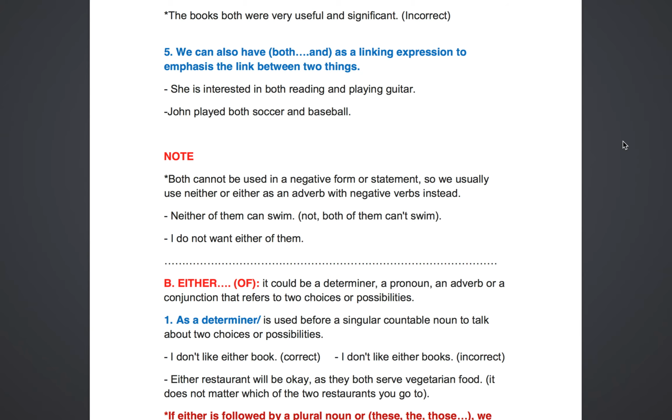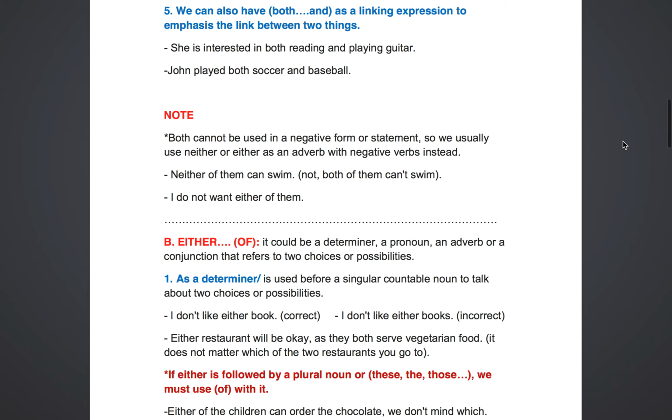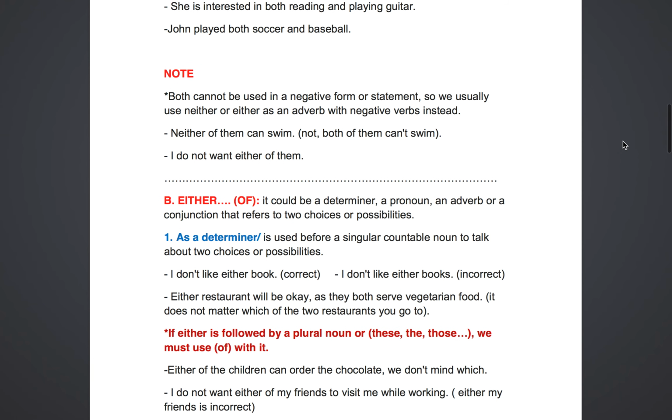So you cannot have the thing that she's interested in and the thing that she's not interested in. So they have to have the same structure. She's interested in both reading and playing guitar. These two with both refer to the things that she's interested in. The second one, John played both soccer and baseball. Here we have 2 kinds of games that he would like to play.